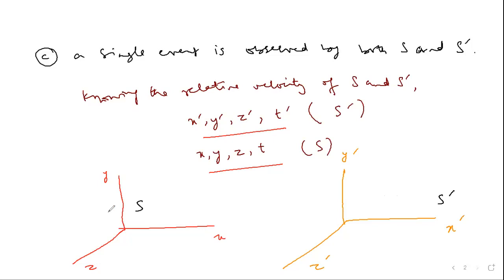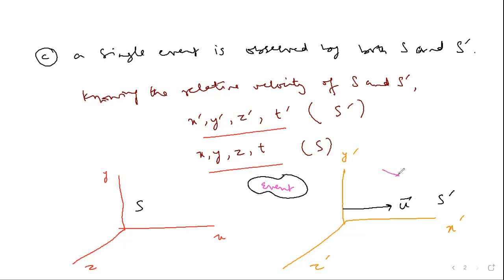This is the coordinate system of observer S. As we said, this S prime observer is moving relative to S with velocity u, and the motion is taking place along the x-axis, right? So there is some event going here. There is some event, right?